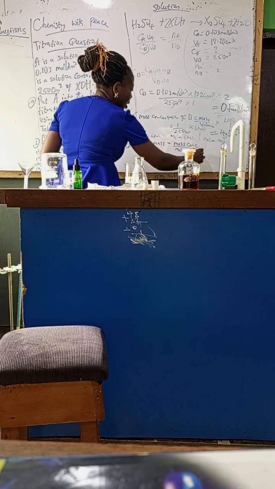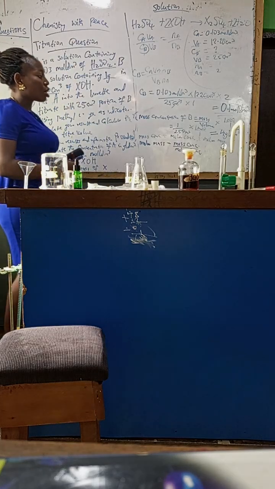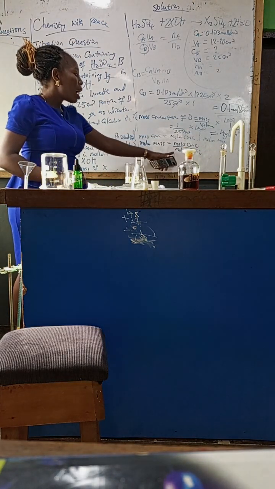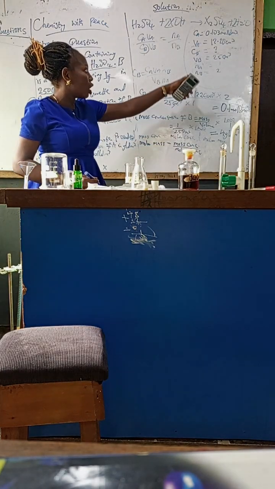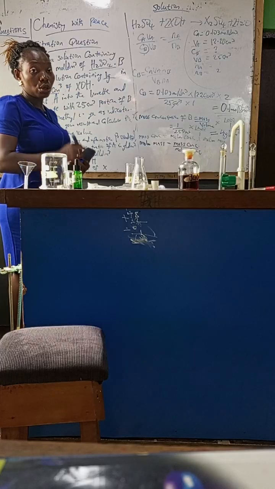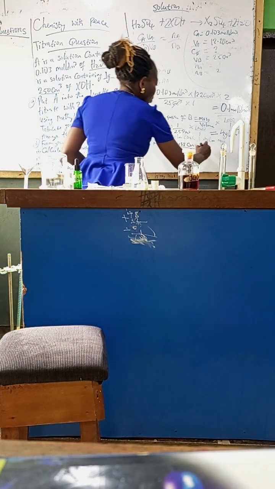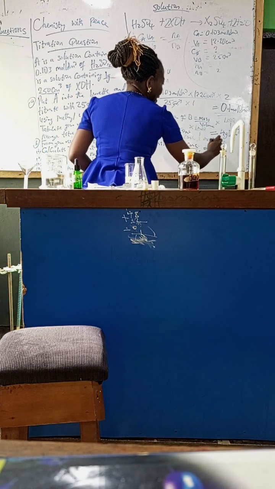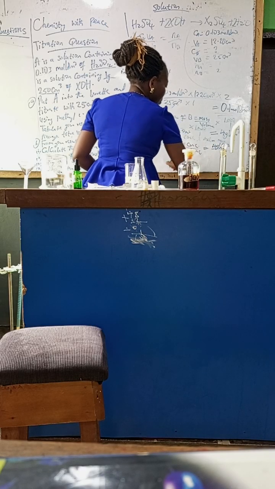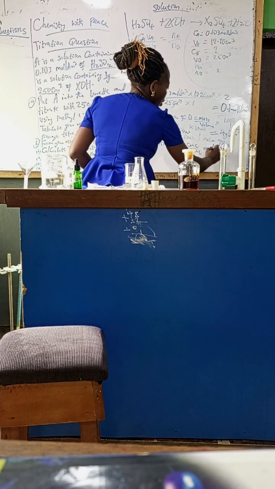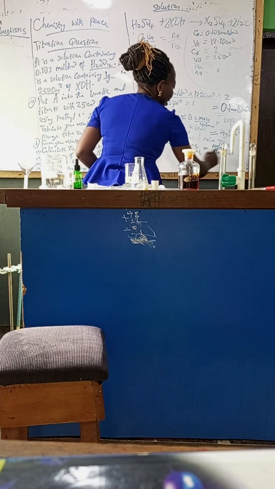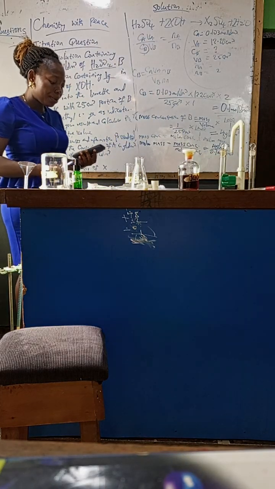molar concentration. And we just got our mass concentration to be 4 grams per dm cube, and we got the molar concentration to be 0.1 mole per dm cube. So we are going to substitute the value. Mass concentration is 4 grams per dm cube. Molar concentration is 0.1 mole per dm cube. Use your calculator.